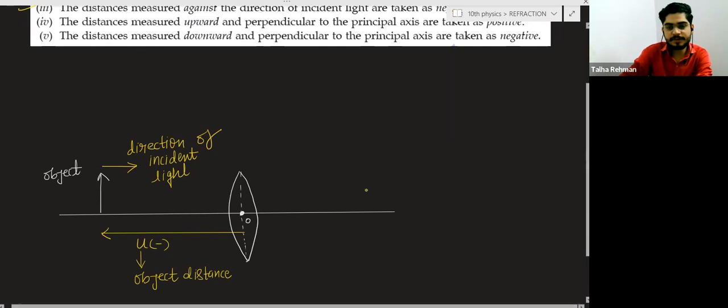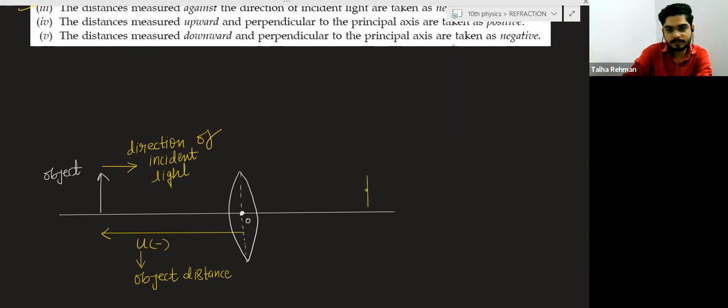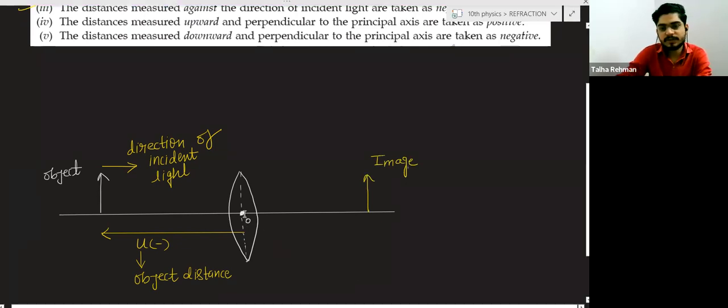And suppose your image is here. This is your image. So for measuring the distance of the image, you are here and you have to go to the image. So you will move in this direction.